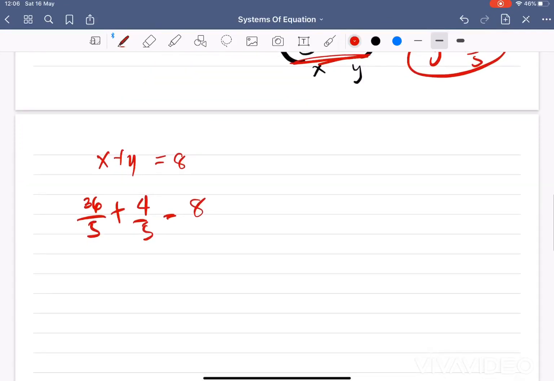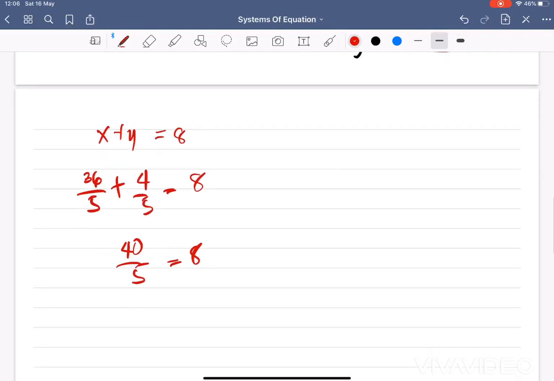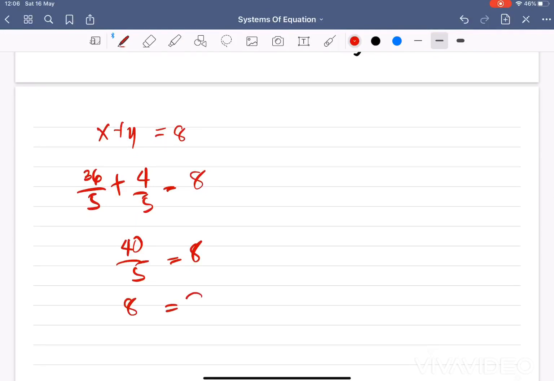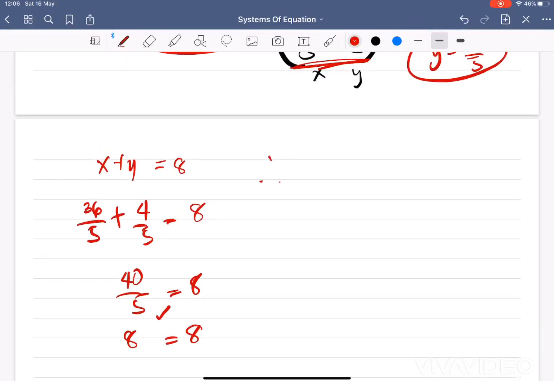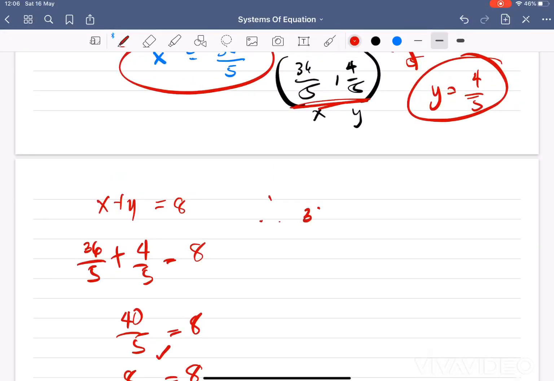Adding them together, we will have 40 over 5 is equal to 8. So that is 8 is equal to 8, which therefore we can say that the solution of the given linear equations is 36 over 5 and 4 over 5.